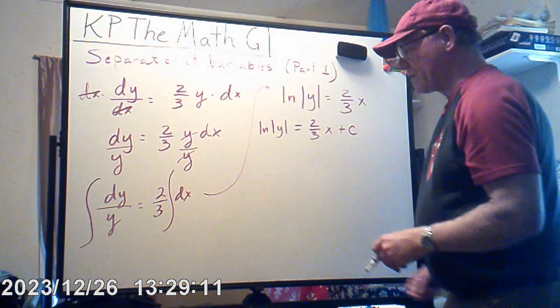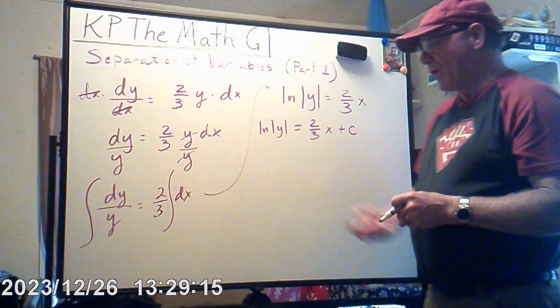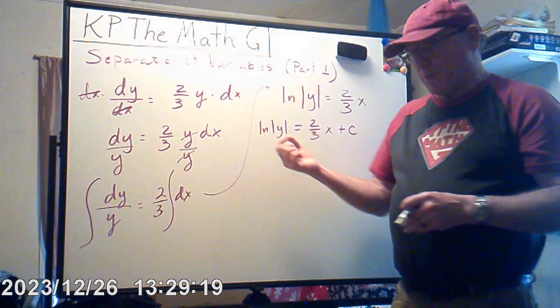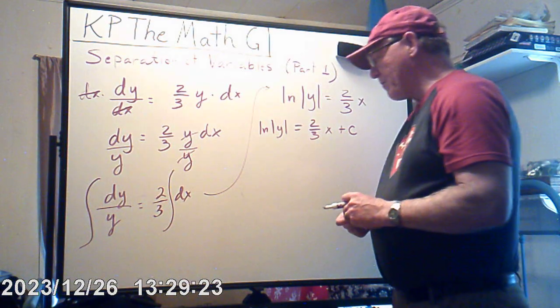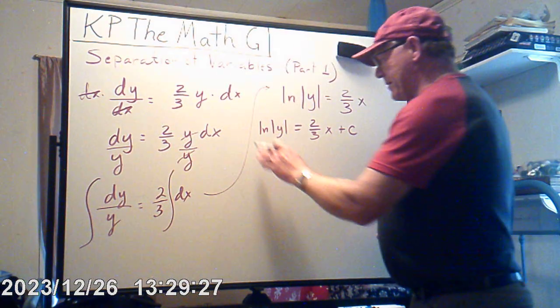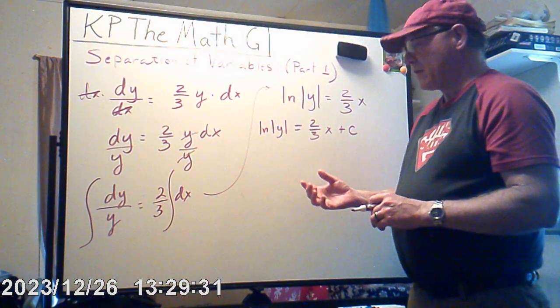Alright, so we could go ahead and solve for, some people solve for c, some people solve for y. In this particular case, I'm going to solve for y. To get this y, I wonder how we can get rid of this ln. Yeah, that's right.